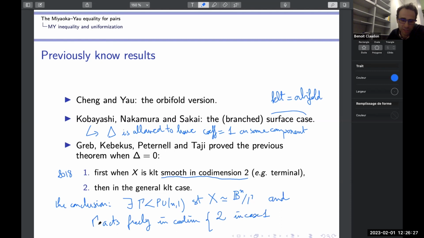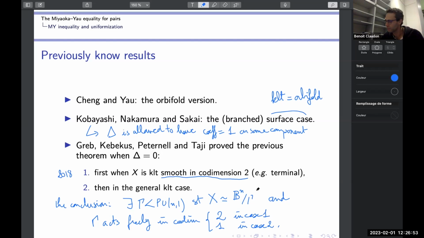So you have to assume that gamma acts freely in codimension 2, or 1 in case 2. And so you see that even in this general KLT case, if delta is non-zero, then you come out with a restriction on the action.